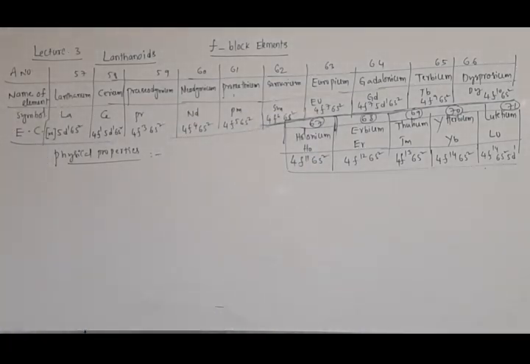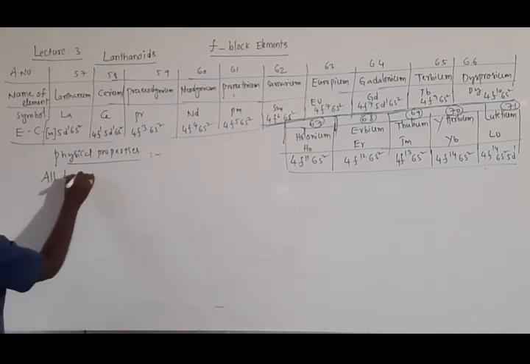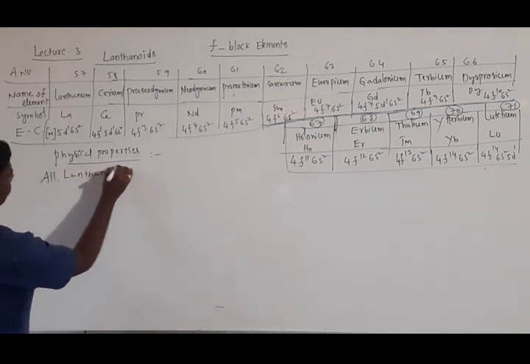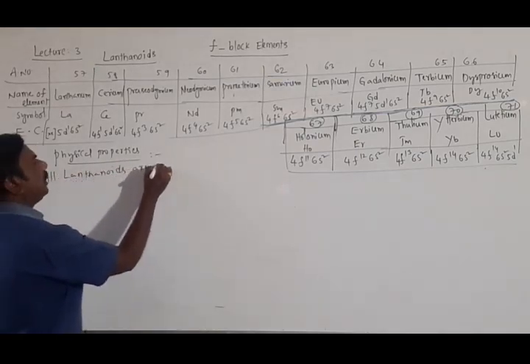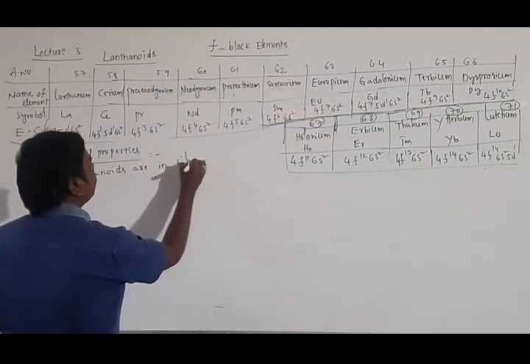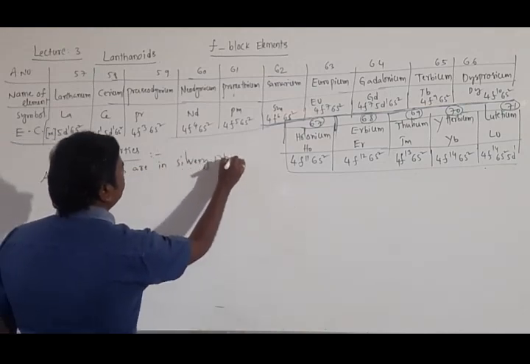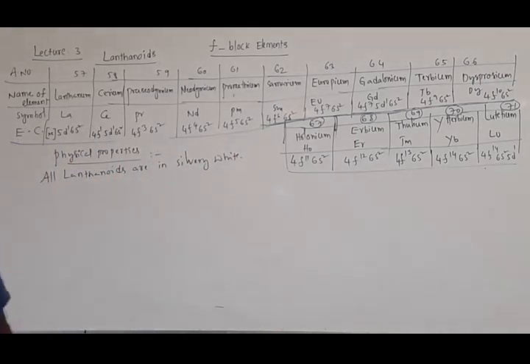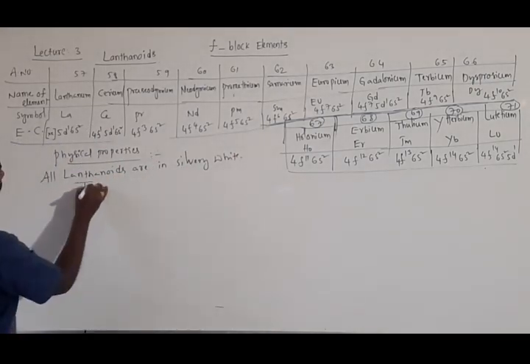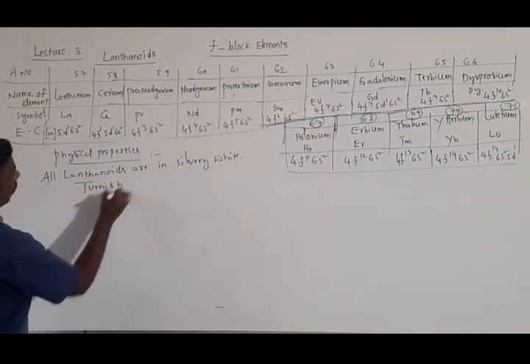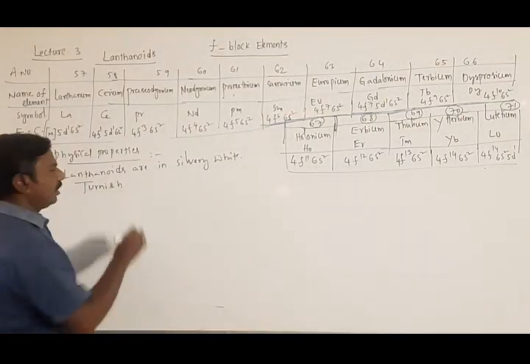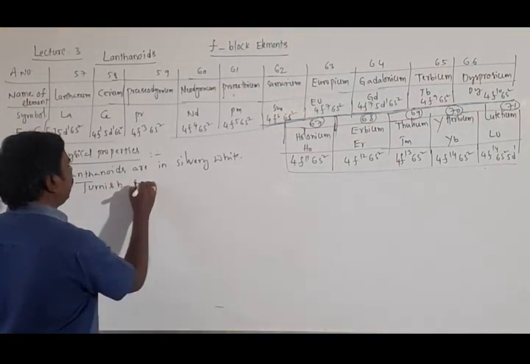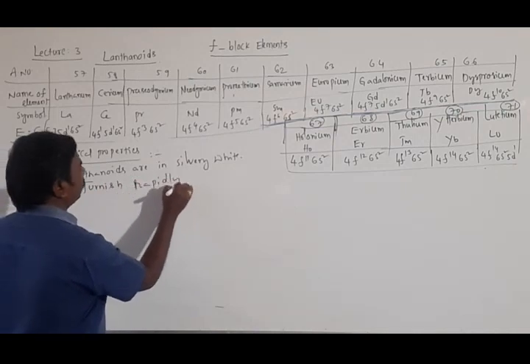All the lanthanoids are silvery white. Next, they tarnish rapidly in air. Tarnish means oxidized, it means rusted.